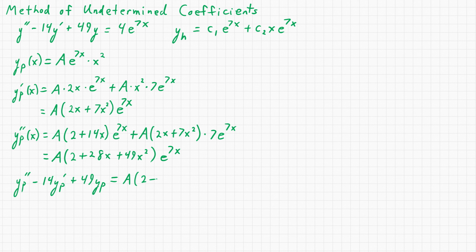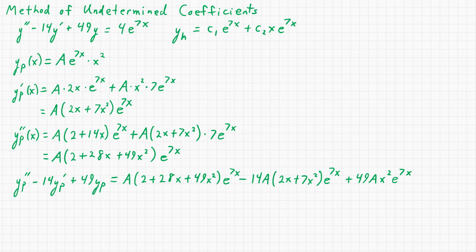So it's a times 2 plus 28x plus 49x squared, e to the 7x, minus 14 a times 2x plus 7x squared, e to the 7x, and then plus 49 a x squared e to the 7x.